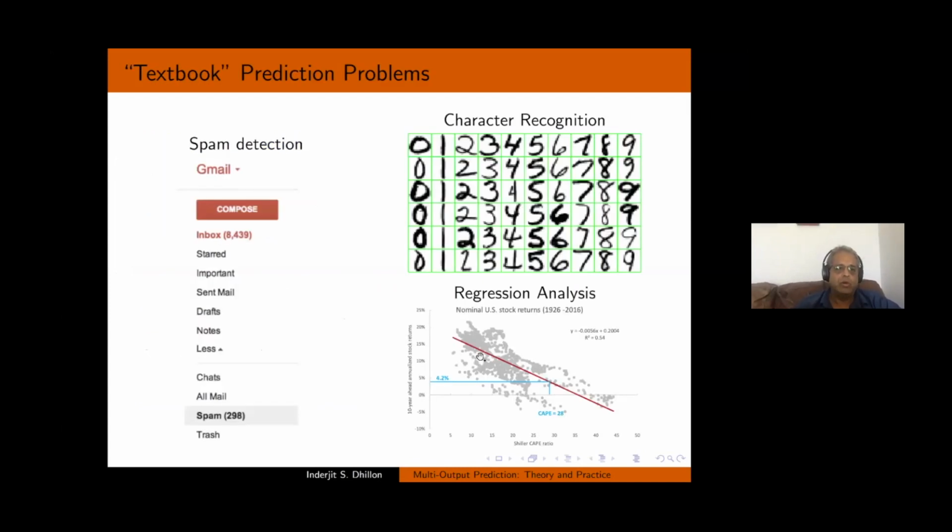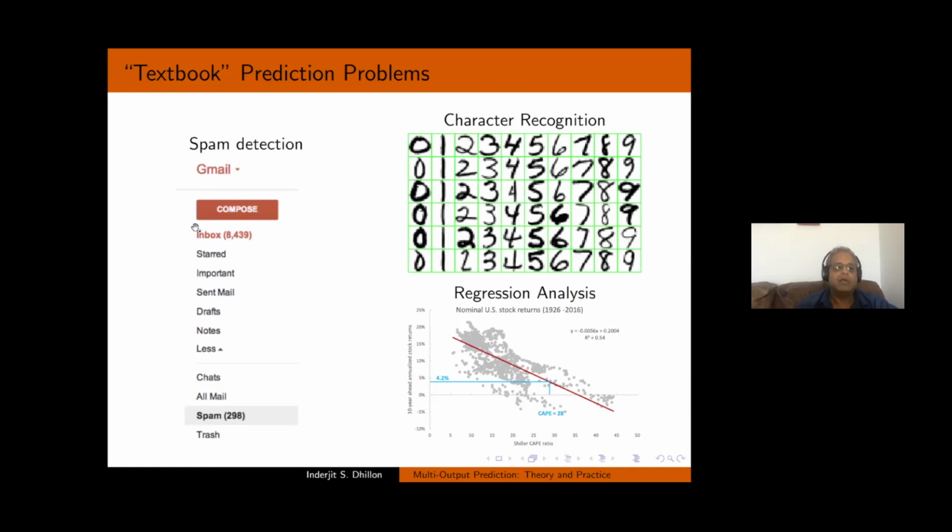So, when we look at an introductory course in machine learning, these are some of the toy problems that we mention. For example, on the bottom right, you have regression of a variable to be predicted on one or more dependent variables, but there's exactly one output variable.